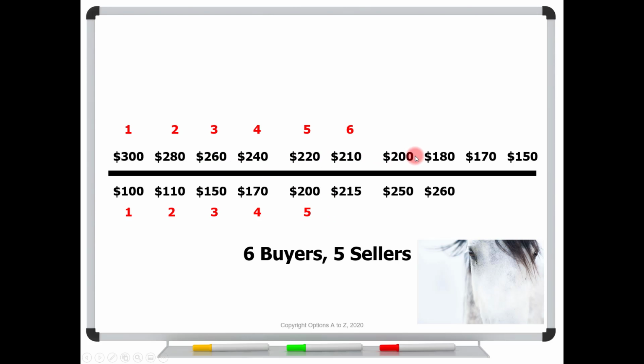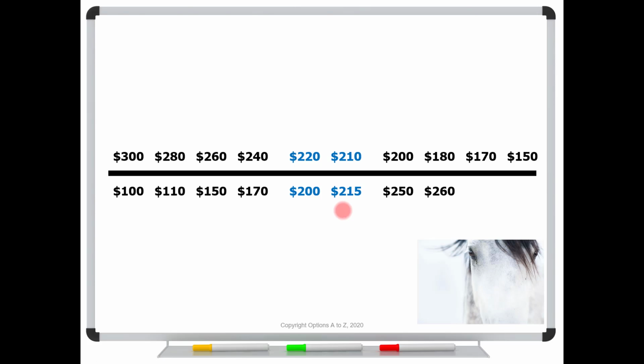Well, if these are the prices that exist in everybody's heads or in an options market or a stock market, if these are the bids and offers that people are submitting, what does a market maker do? A market maker is going to realize that the price has to be set somewhere within these 4 prices. So it's got to be greater than 210 to knock this guy out, but it's got to be less than 215 to knock this guy out.